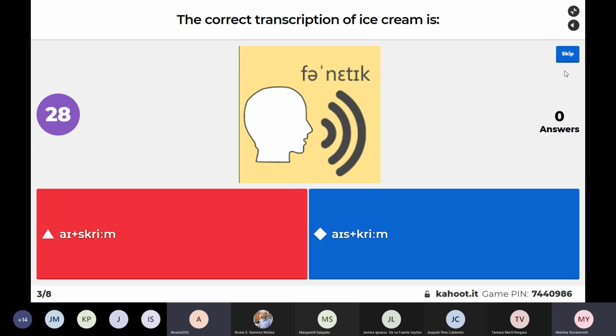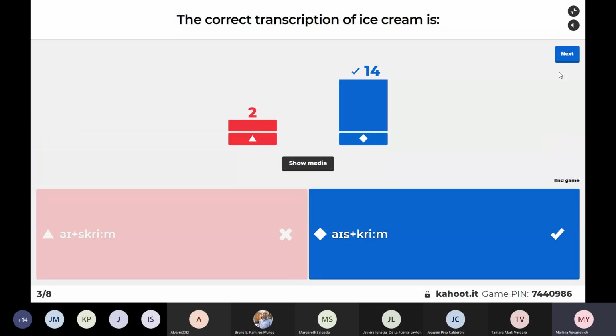Okay, the correct transcription of ice cream is... Well done. It was the second one.